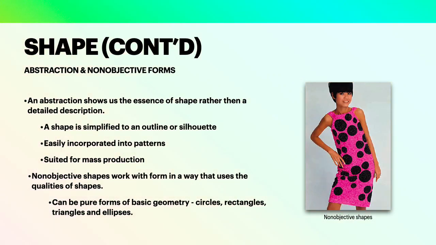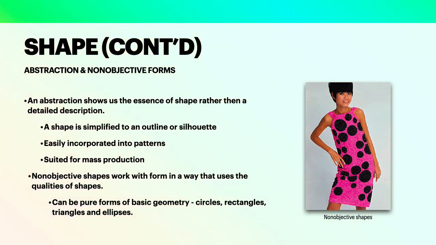Abstraction and non-objective forms of shape. So an abstraction shows us the essence of shape rather than a detailed description. A shape is simplified to the outline or the silhouette.